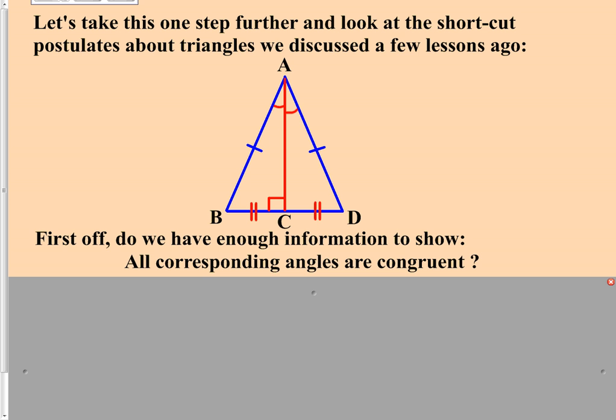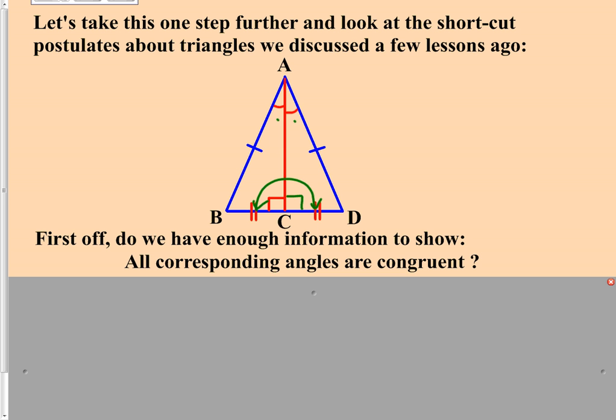Well, I think it's pretty obvious that we have one set of corresponding angles congruent right up there. It's also easily determined that we have a right angle right there, because of the linear pair that exists here. So a right angle there, so we have two corresponding angles congruent.